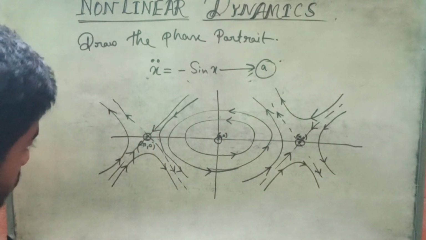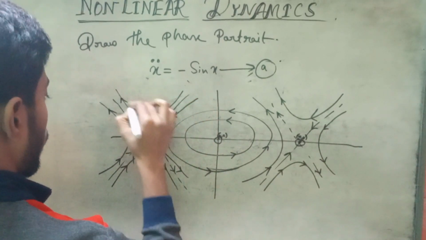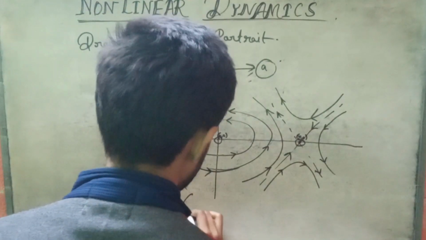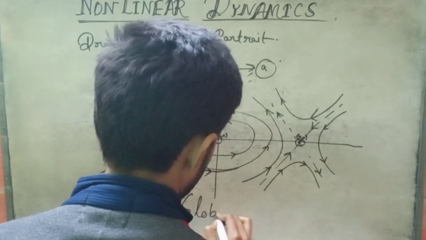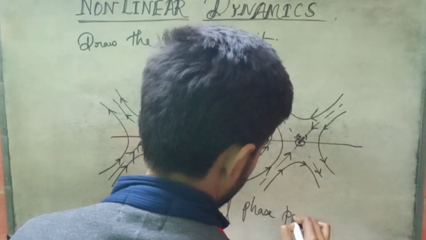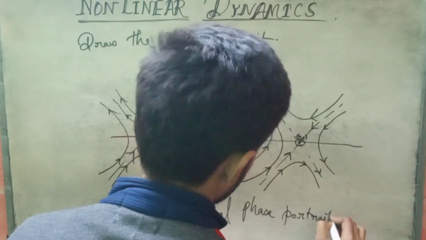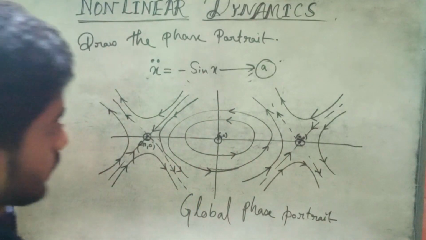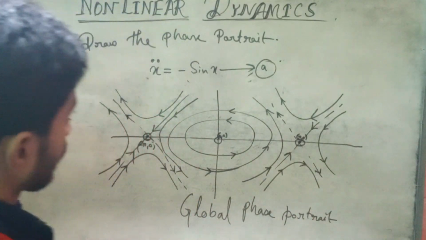So this is the global phase portrait of this, x double dot minus sin x, right?